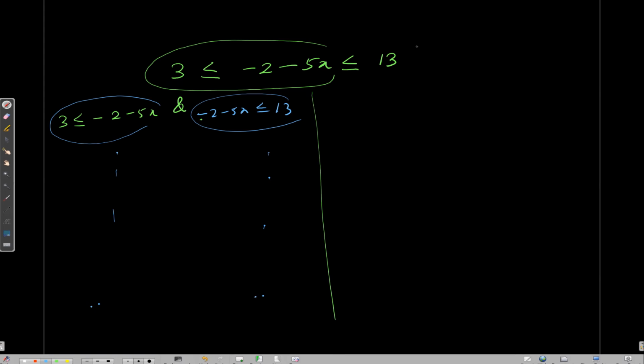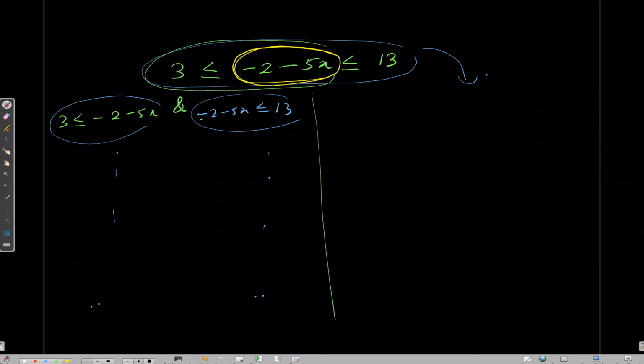But since it appears in one piece, it's easy to just treat it as one piece. So let me use the second technique. That means first I would like to isolate my x term here. In order to do that, I have to add 2. So I am going to add 2 throughout this equation.